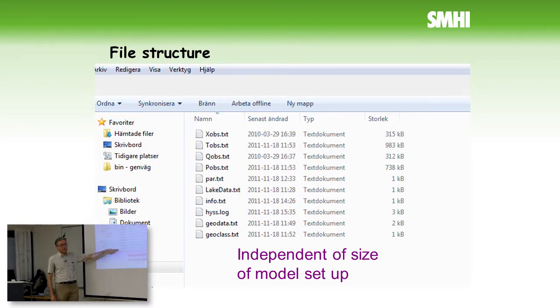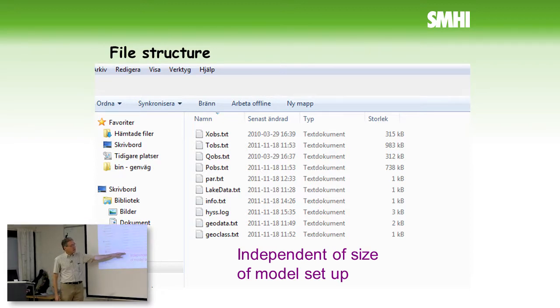So the number of files is independent of the model setup. If you model Sweden or only a small river in Sweden or the whole world, you basically have the same number of files. But the files contain much more information if you work with the whole world than if you work with a small stream in Sweden.